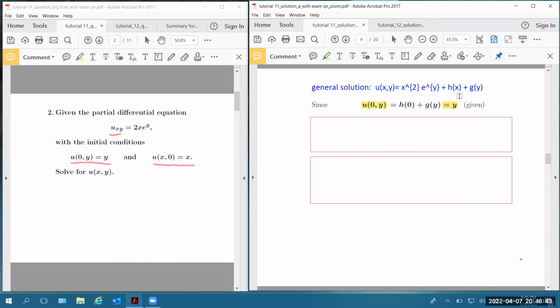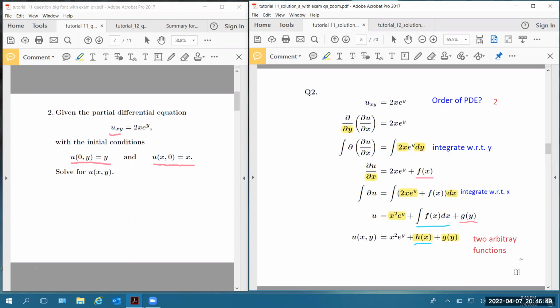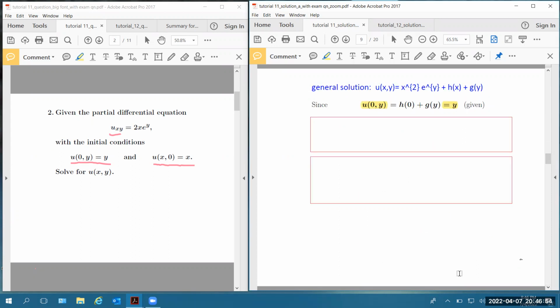So this one is actually a general solution. It's the same as this one here; I just moved it to the next page. General solution. Now I'm going to use these two initial conditions.